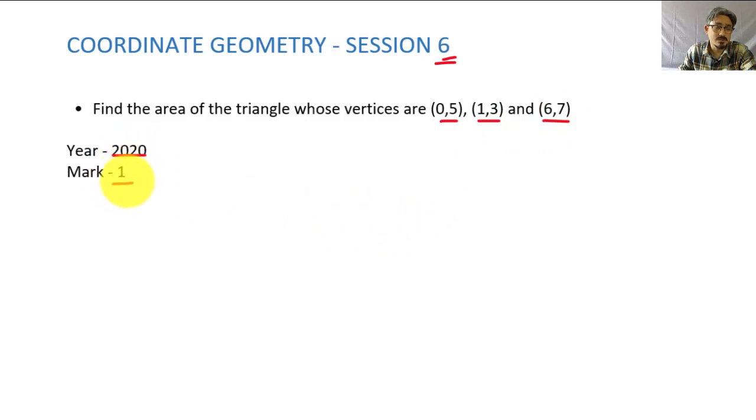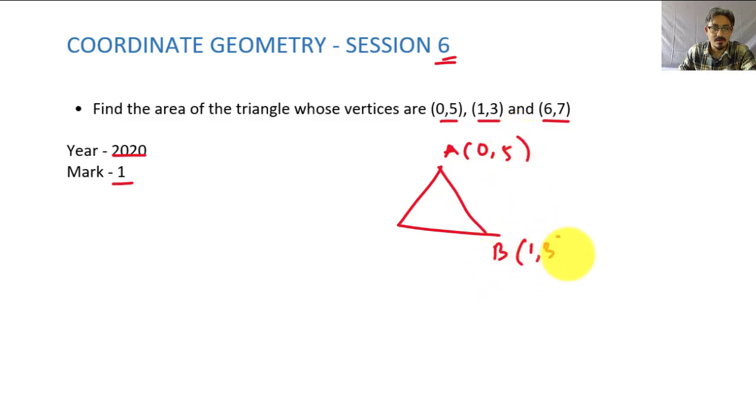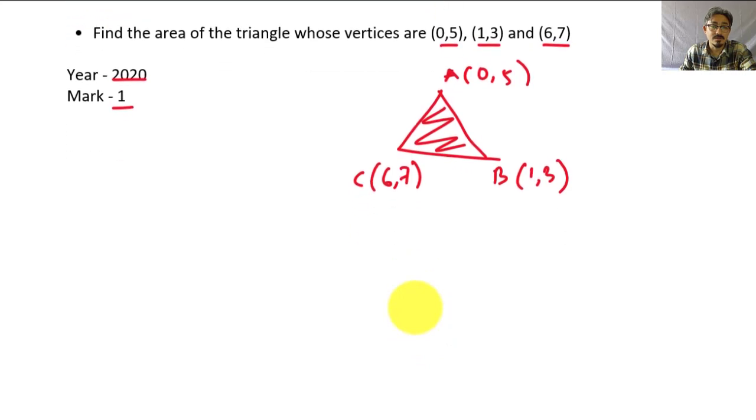It is a one marker question, but it is good to discuss because we get a chance to revise the formula. A is (0,5), B is (1,3), and C is (6,7). We have to find the area of the triangle.